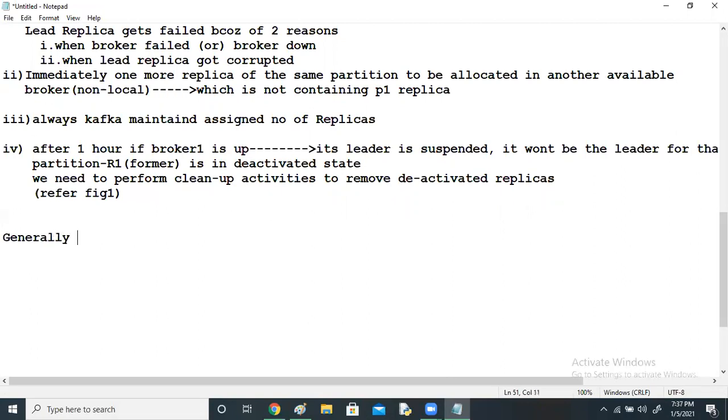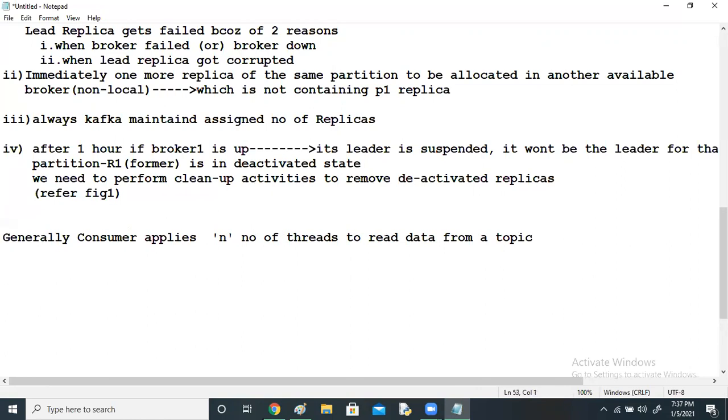Generally, consumer applies n number of threads to read data from a topic.